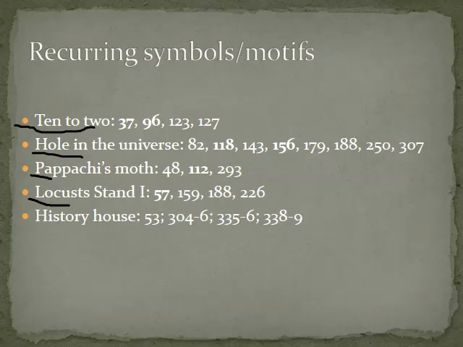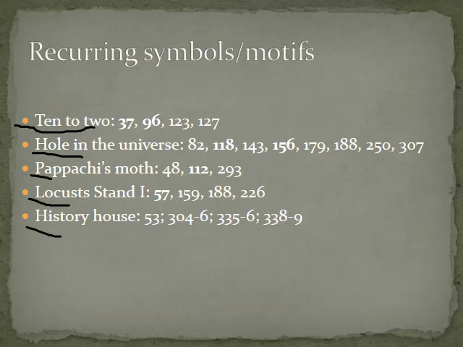So see what the significance of this phrase is and what role it plays within the text. And lastly, one group is going to deal with the motif of the history house, or the symbol of the history house that keeps recurring. What is the importance of that symbol? Why do we keep getting this history house popping up throughout the text?